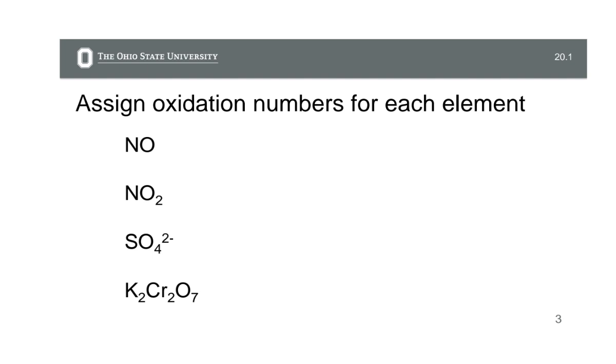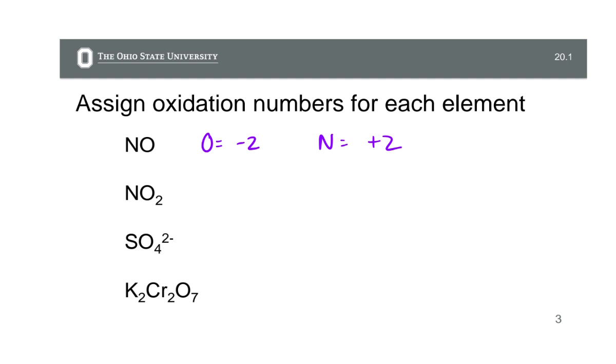All right, so for nitrogen monoxide, we know that oxygen has an oxidation number of -2, which means that nitrogen must be +2 because it has an overall neutral charge, so those have to add up to 0.